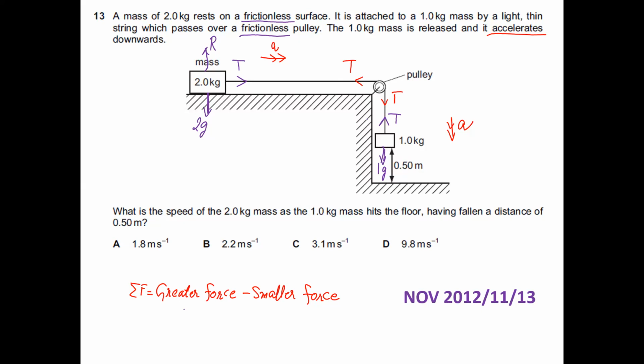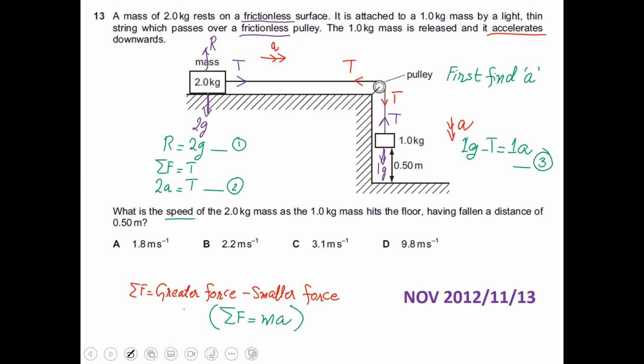System is accelerating. So please make the equations.